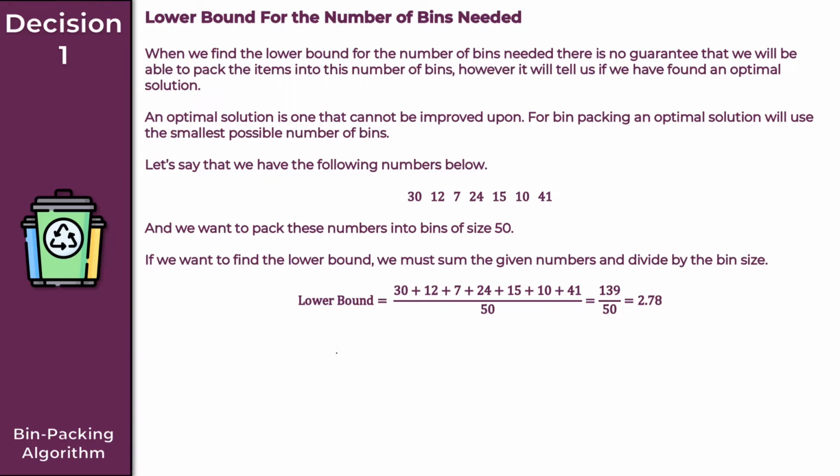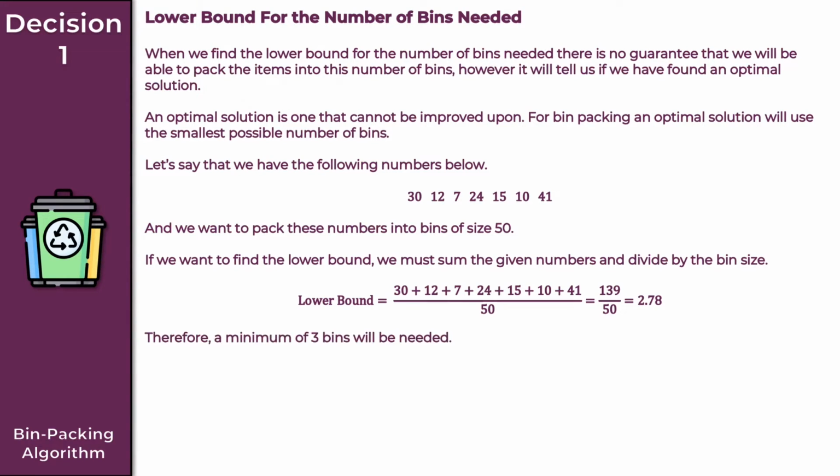So the lower bound is equal to 30 plus 12 plus 7 and so on, up to 41, all over 50. We simplify the numerator, which gives us 139, and we divide by 50 because 50 is the bin size. If we evaluate this, we get 2.78.